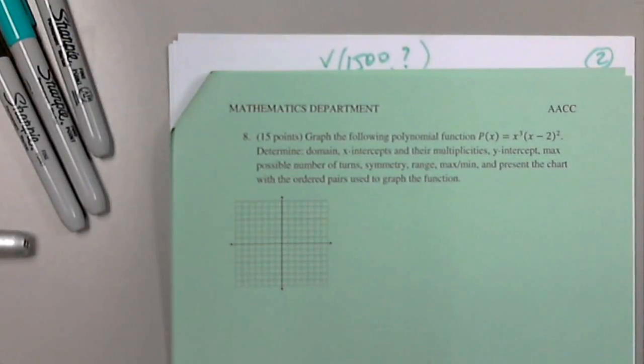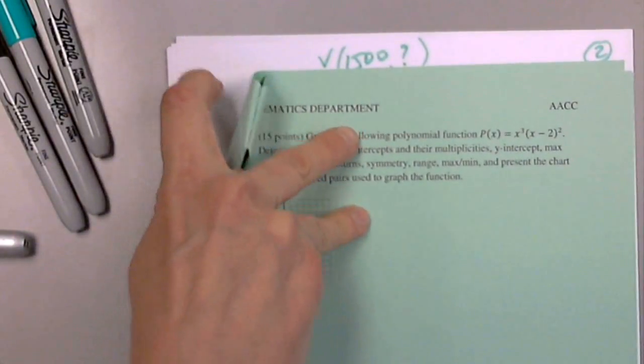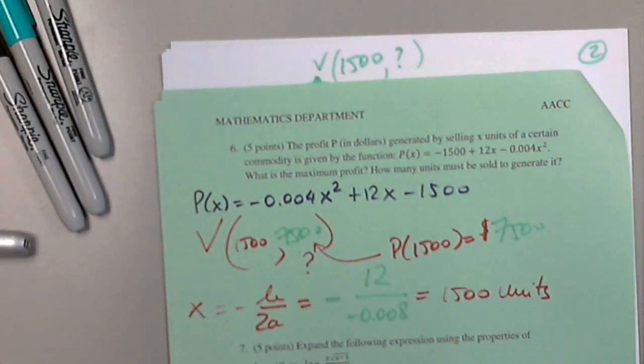Okay, let's do it. I don't know. I trusted Kelsey. Okay, so the function was -0.004x squared, and then plus 12x, and minus 1,500.